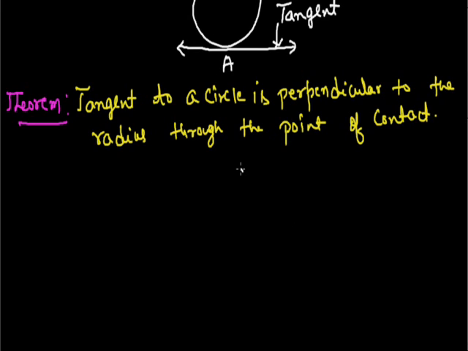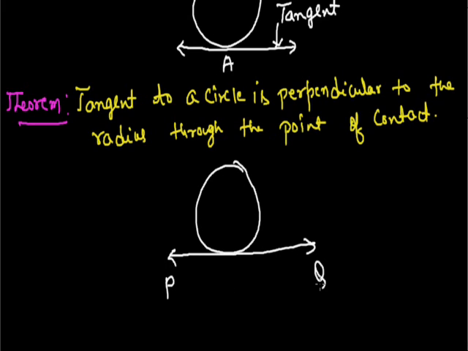A circle. Now there is a tangent. Let the tangent be PQ. Now it touches the circle at point A. O is the center of the circle. Now OA is the radius.